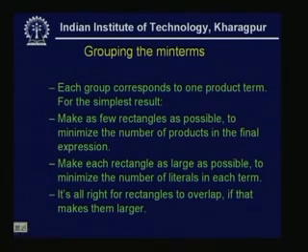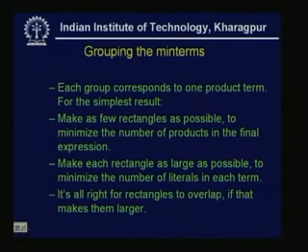As each group reduces to a product term, our aim will be first to reduce the number of groups. That means we will always try to select the largest group if possible. So we will search for the largest group.